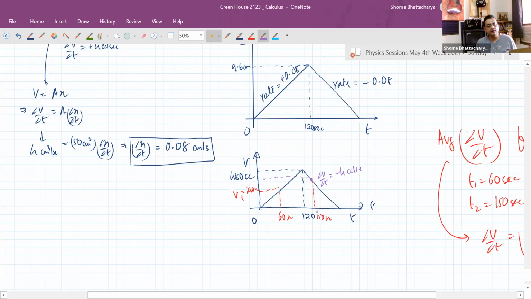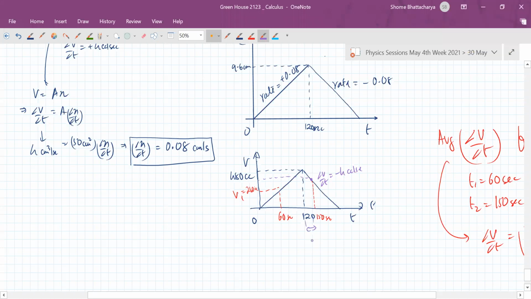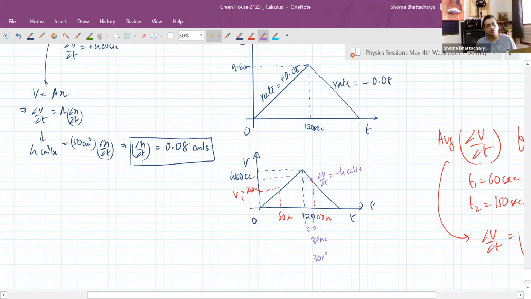So from 120 to 150, how many seconds is there? 30 seconds. Okay, so the change in volume will be 4 times 30, so 120 cc. So it is reduced by 120. So from 480 to reduce by this. So V2 will become how much? 480 minus 120, or 360. So that's how we calculate these two.